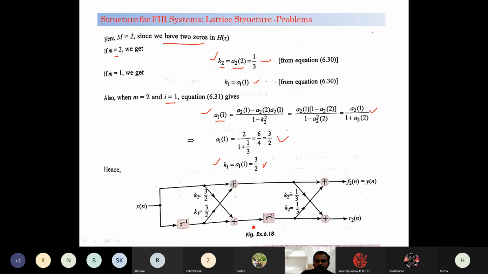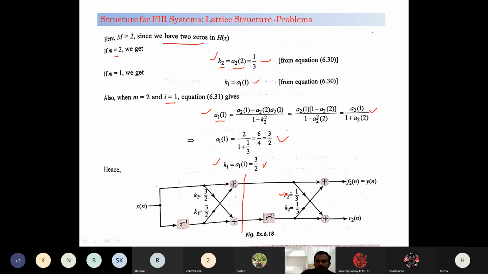Therefore, if you go for the second order lattice structure, x of n, the upper channel and lower channel, is going to act as the input signal. Then the first stage: the upper channel is f1 of n, and the lower channel is r1 of n. Here K1 is 3 by 2 and 3 by 2.